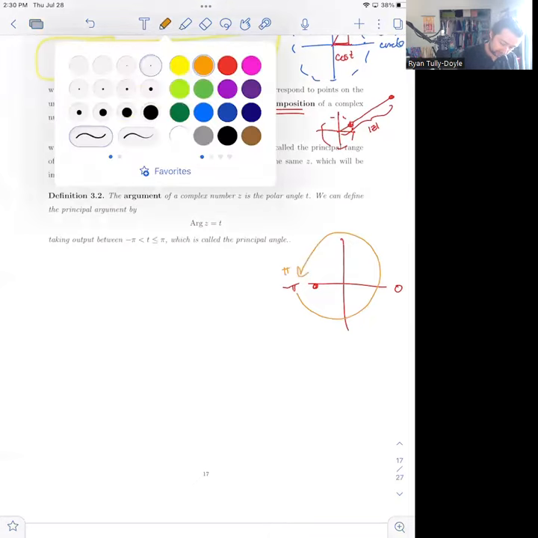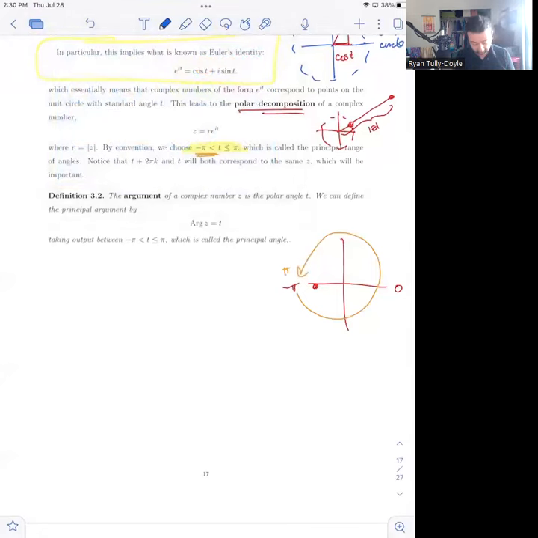So those polar angles are so important that they have a function associated with them called the argument, which eats a complex number and spits out the angle that determines it. And the principal argument function, and I'm using the word principal here to connect with this idea of the principal range, is the argument function that tells you what the polar angle is for a complex number restricted to the set of angles from minus pi to pi.